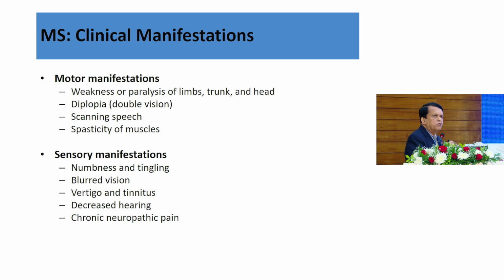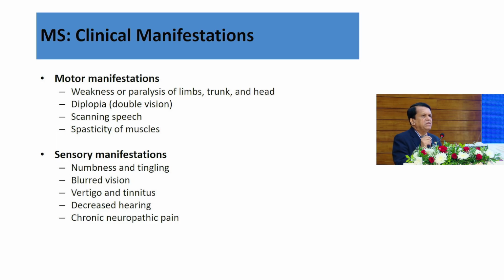But the most important thing as a clinician you need to remember is that sensory symptoms are more common. Many a time the patient comes to you with numbness in the extremities, which may not be due to the peripheral nerve, but is due to posterior column involvement, and that produces the numbness and joint position sense impairment, which is the manifestation.